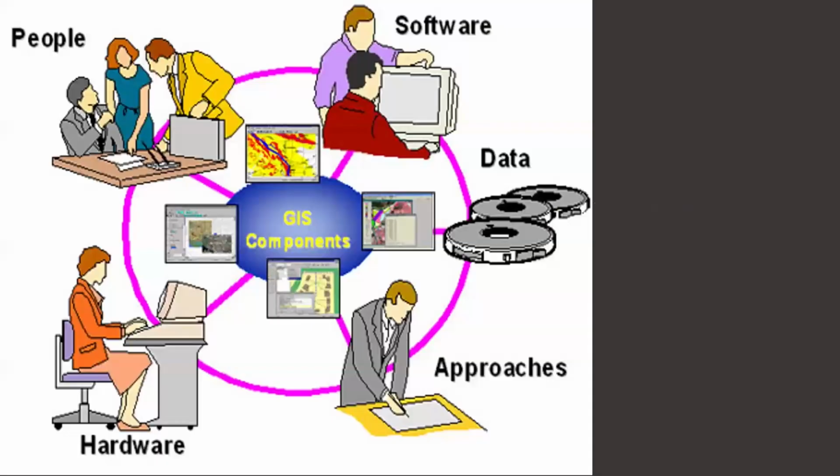So in our view, what is this? It's simply a software. These are all textbook images which are available in the market. They make things very complicated, but technically it is nothing, just a software.